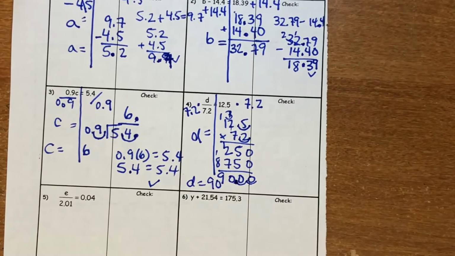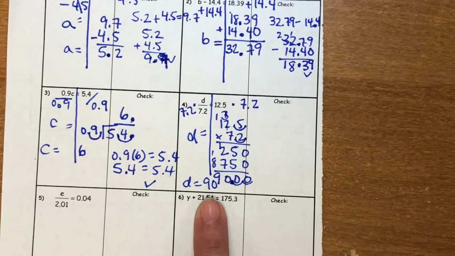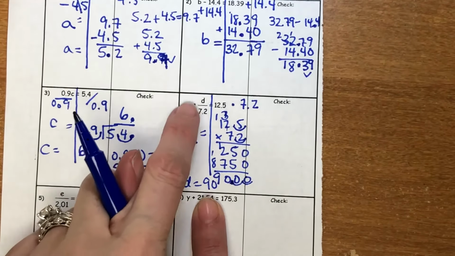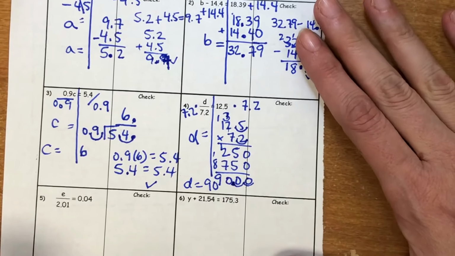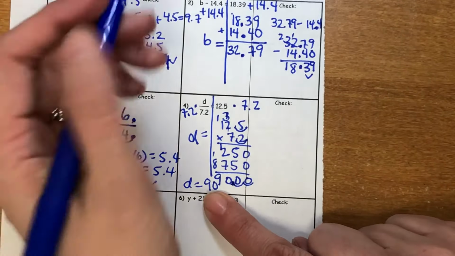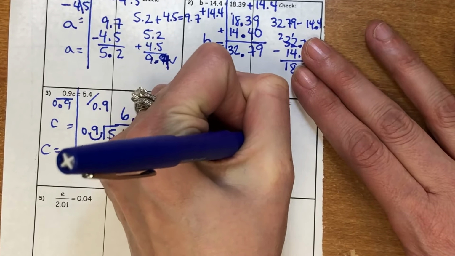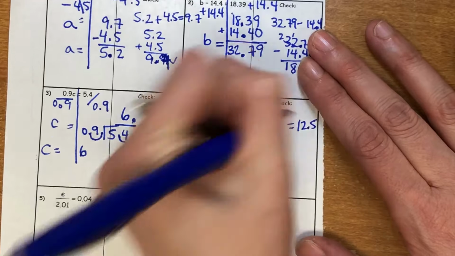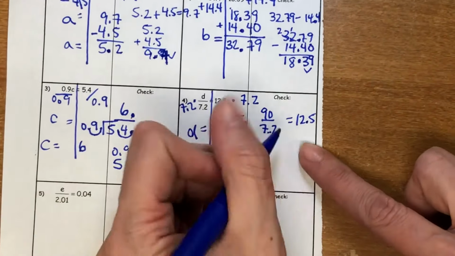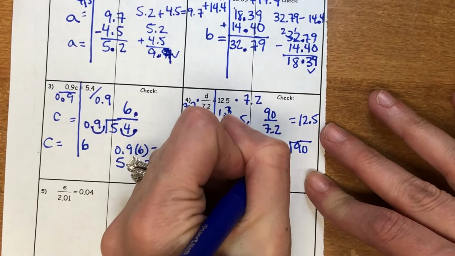Okay, so again, I can check that by plugging 90 into my original equation. So D is 90, so I'm going to put 90 in for D and divide that by 7 2/10, and I should get 12 1/2. Okay, so again, the top number is the dividend, 7.2.